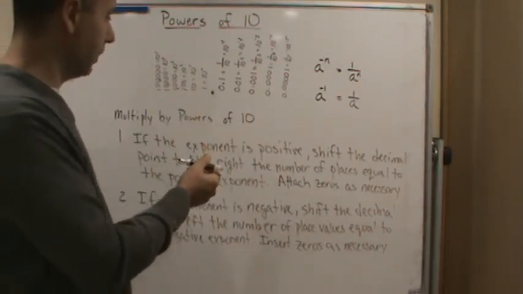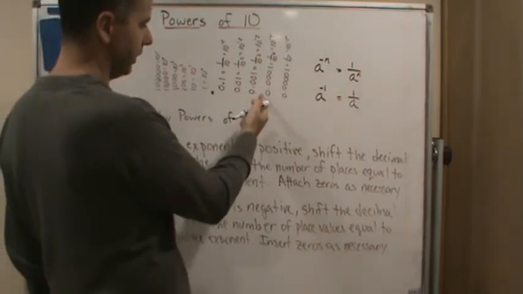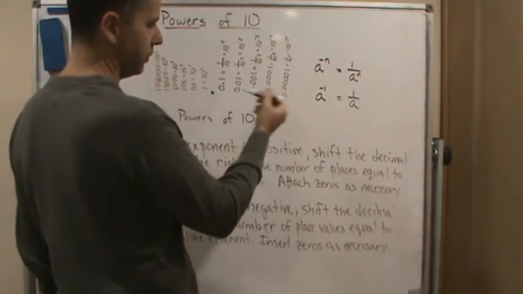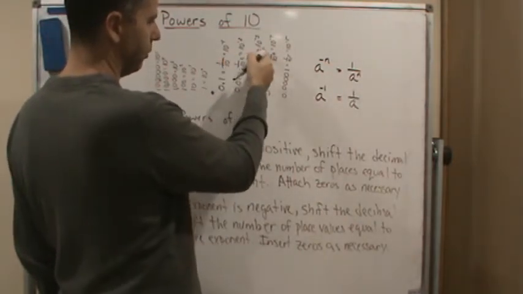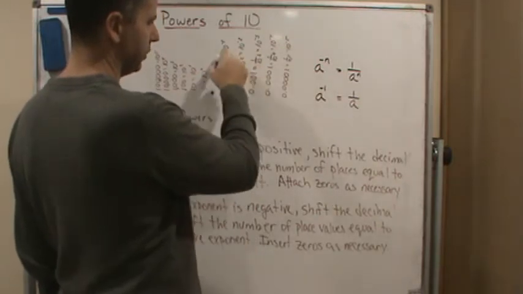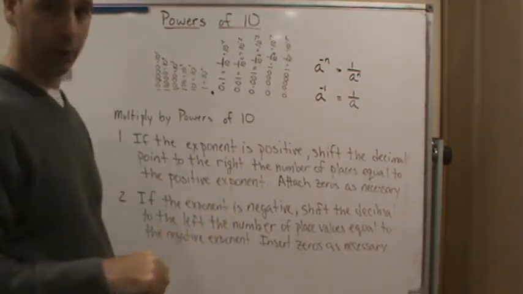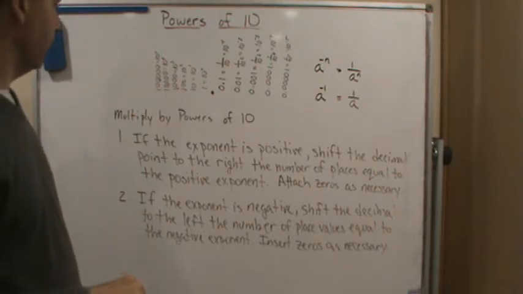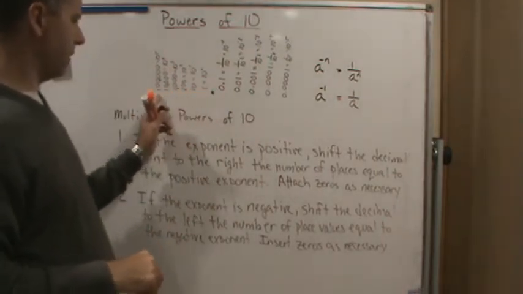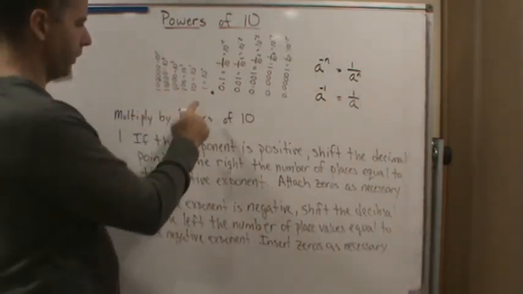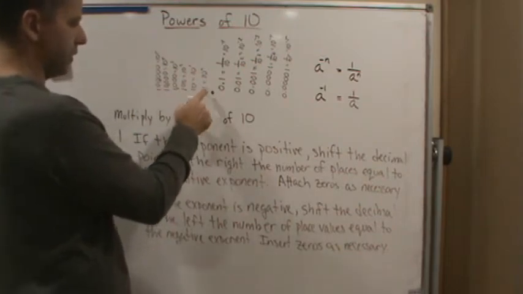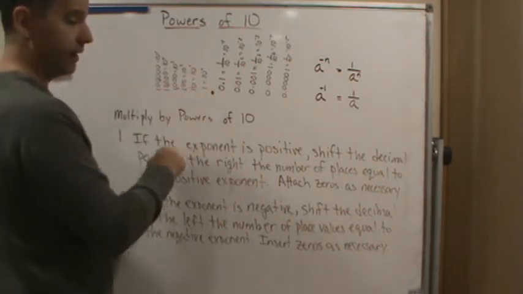So notice how the decimal point moves to the left for every power of 10 that you're dividing by, which we can write as a negative power.